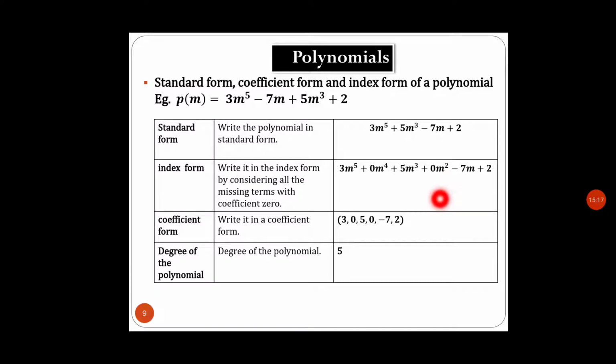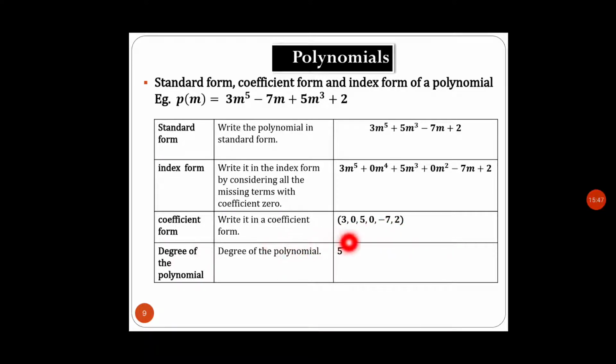Okay. Now the next form is coefficient form. In the coefficient form, write the coefficients in brackets like this. We just collect the coefficients in brackets: 3, 0, 5, 0, minus 7, 2. 3 is the coefficient of m raised to 5, 0 is the coefficient of m raised to 4, 5 is the coefficient of m cube, 0 is the coefficient of m square, minus 7 is the coefficient of m, and 2 is a constant.